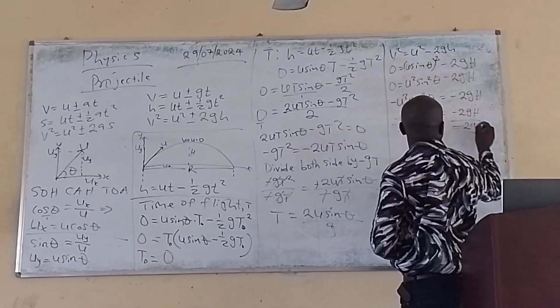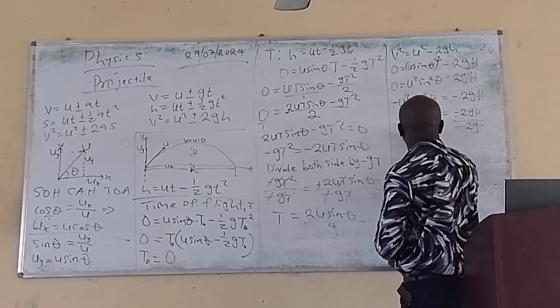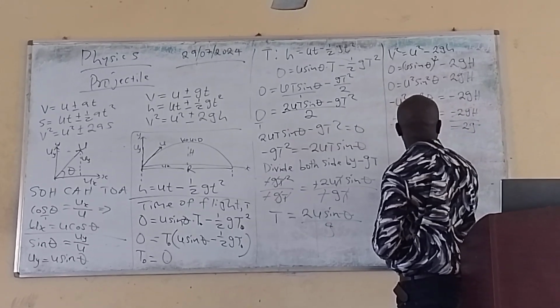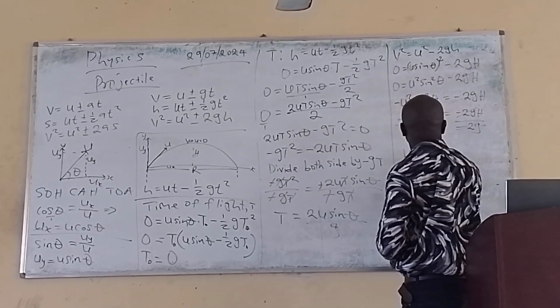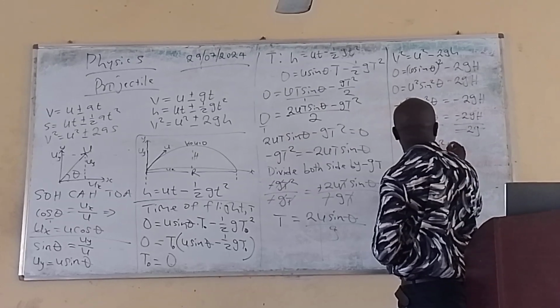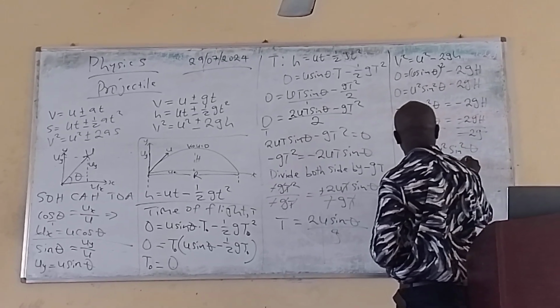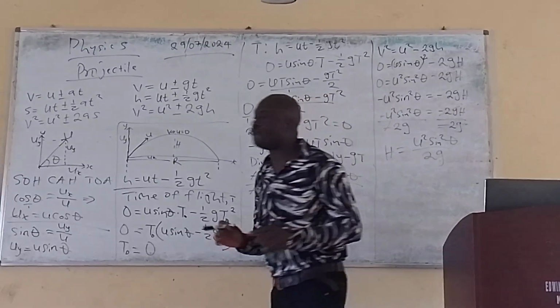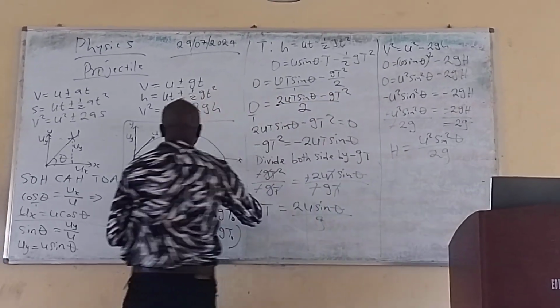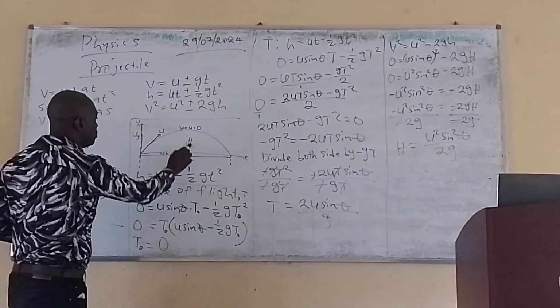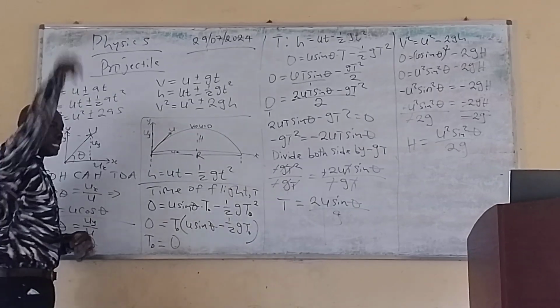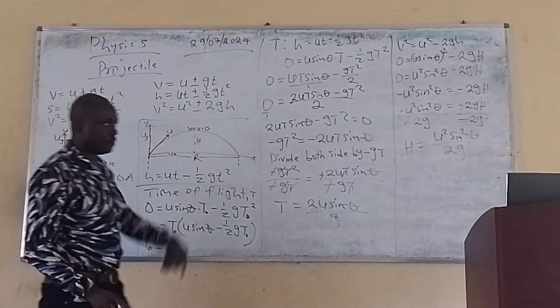Then minus 2g, we cancel minus 2g. Minus, we cancel minus. We now have h equals u squared sine squared theta all over 2g. This one is the formula for the maximum height. If you want to obtain the maximum height, the highest height of the projection, that's the formula there.